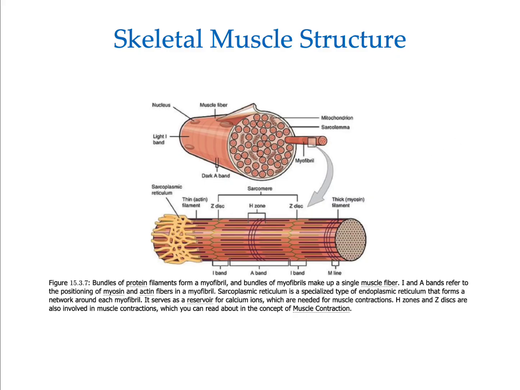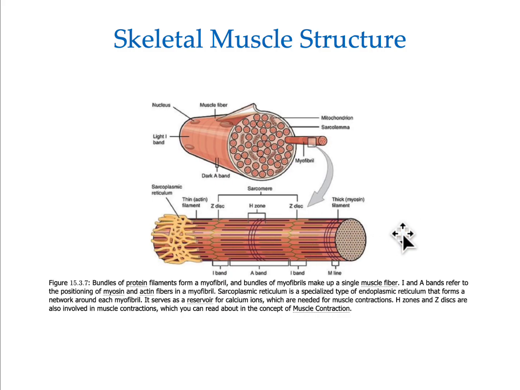So here we have our muscle cell, and you can see there are multiple nuclei on this. We can see that this is a bundling form, right, with the myofibrils bundled into this muscle fiber. And then if we look at the myofibril itself, this is where the stripiness comes in.